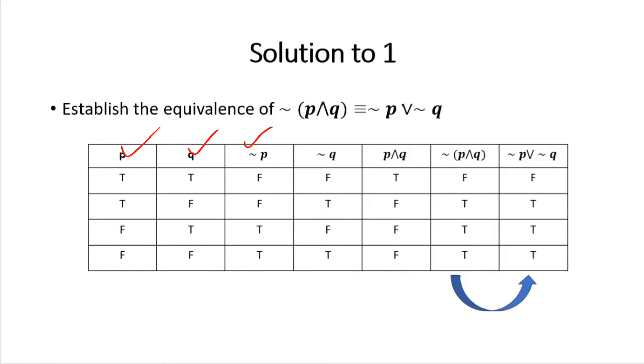Next, we want to check negation Q. For negation Q, we check the column of Q. When Q is true here, what is the opposite of it? It will be false. So I'm going to write false. When Q is false, what happens?